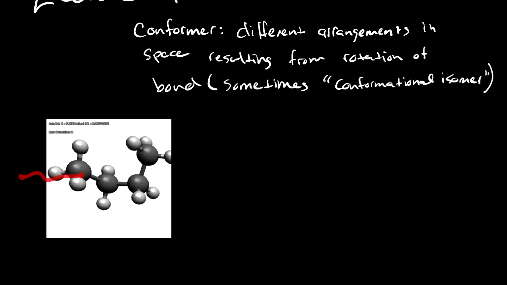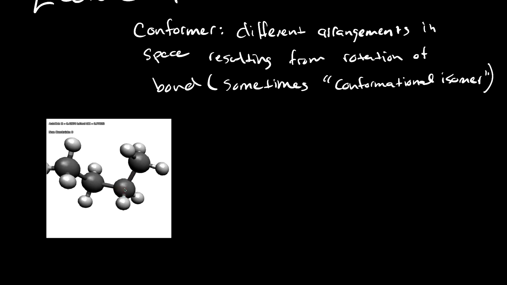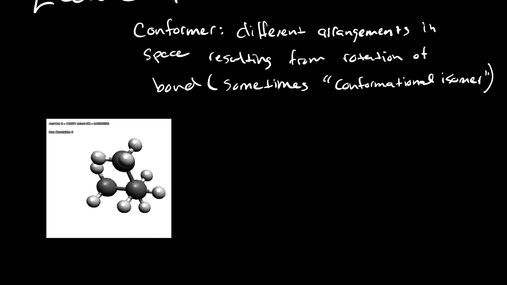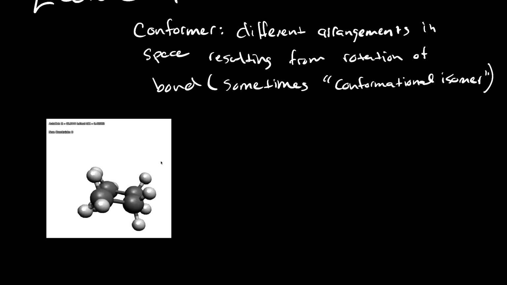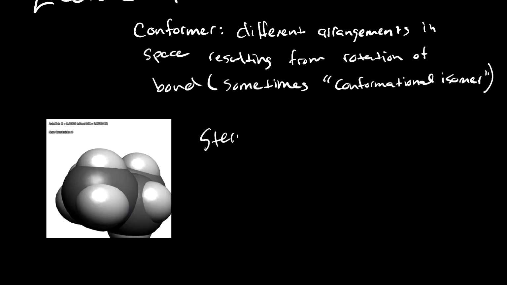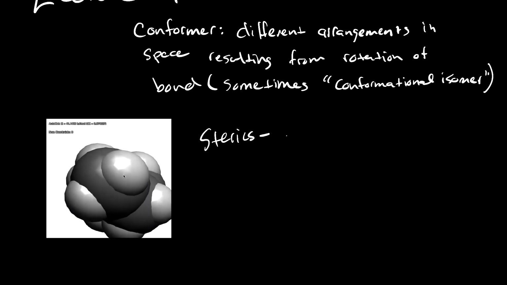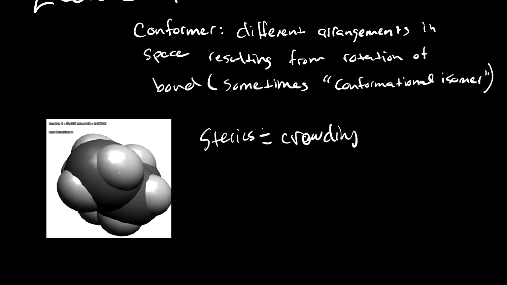And now that I've added two, these definitely don't want to be eclipsed with each other. The reason is because of sterics, right? Oh, look, see, it's relaxing back. So let's just say sterics are equal to crowding.